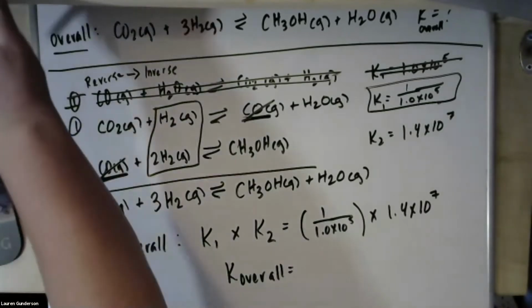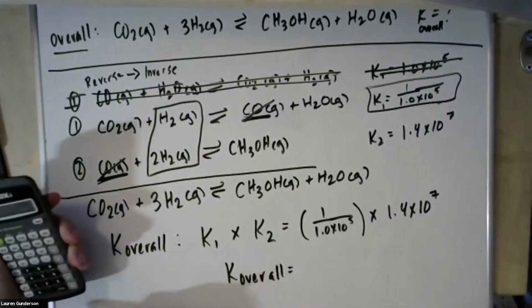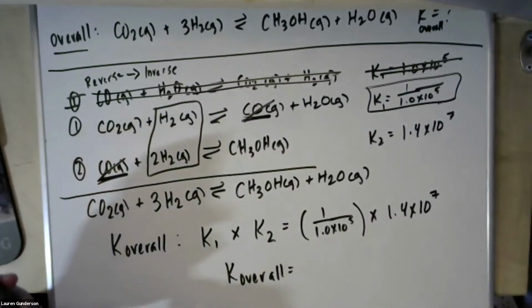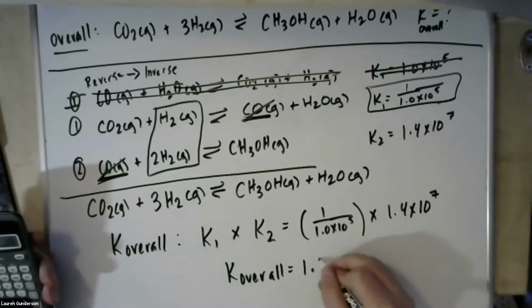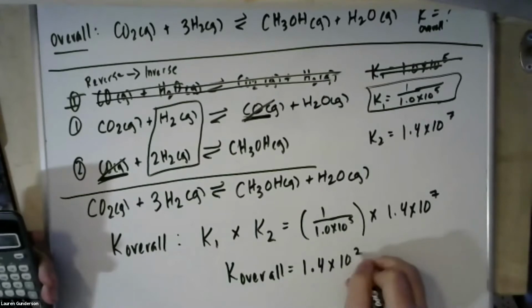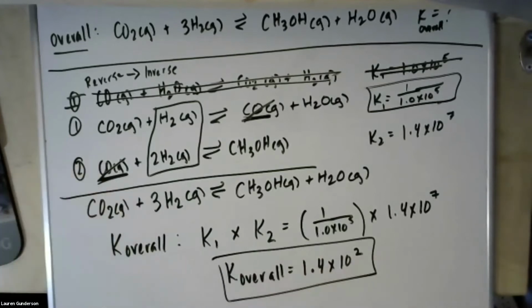We just have to plug that into the calculator. We end up with 1.4 times 10 to the 2. That's our overall K value for this reaction.